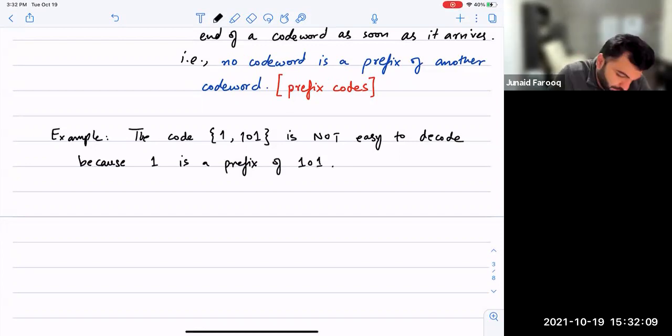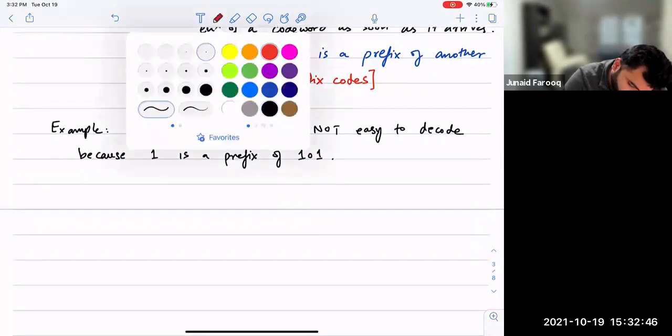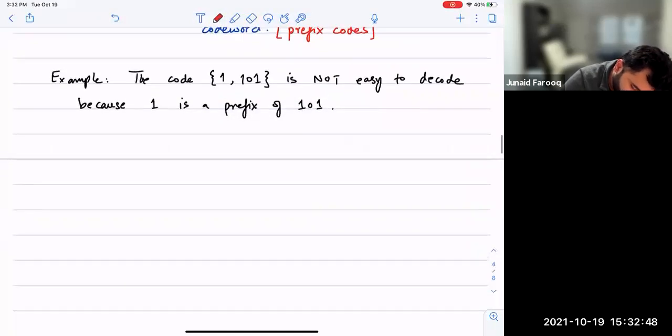So the idea behind a prefix code is, if you receive one bit, which is 1, you still cannot figure out whether it's the first symbol or the second symbol. You have to wait till the next bit arrives to see really whether it's the first one or the second one. So you basically cannot instantaneously say what the symbol is that was transmitted. So sometimes it's also called the instantaneous code or self-punctuating code. I will write this down for everybody.